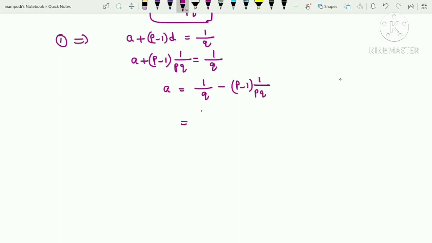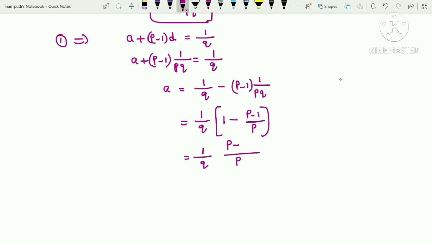Common in these two terms, 1 by q is common. Here 1, and 1 minus (p minus 1) divided by p. Here 1 by q, p LCM. Here p into 1 is p.